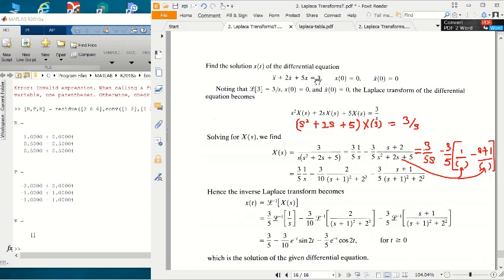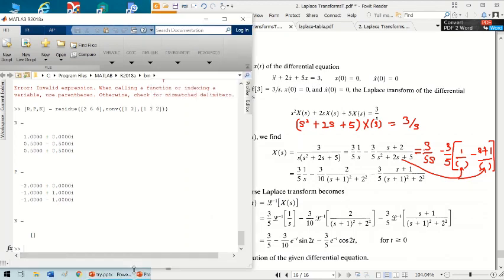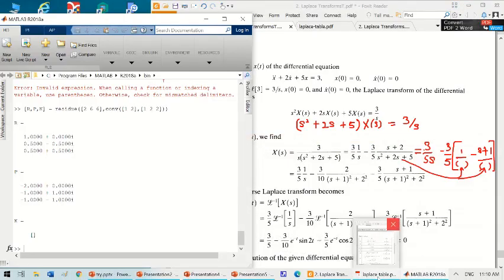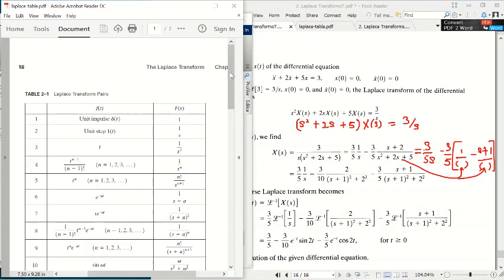Remember, this is 3. In time domain, 3 means you have a step of 3. Because remember, if we check the Laplace table just now, in time domain, if you have 1, that means in Laplace domain it equals 1 over s. 1 means step function, unit step.